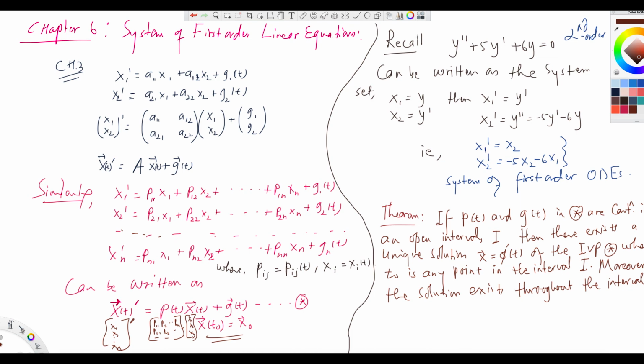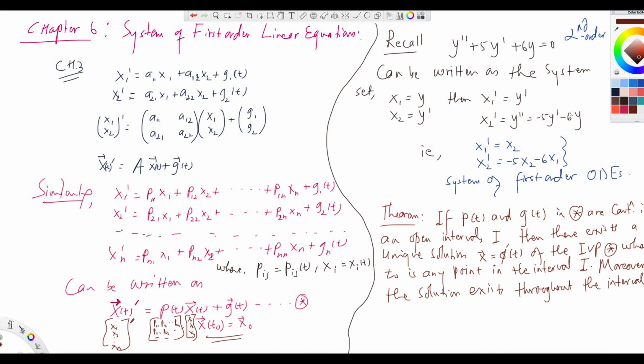Now also recall from chapter 3 that if you have a second order differential equation, y double prime plus 5y prime plus 6y equals 0, you can write this as a system of two ordinary differential equations. We said x1 equals y and x2 equals y prime. Then x1 prime equals y prime, which is x2, and x2 prime is y double prime, which equals minus 5y prime minus 6y.